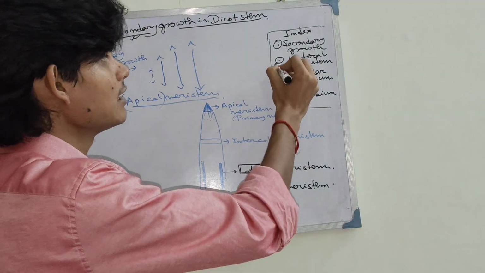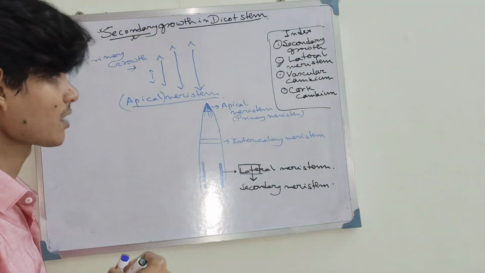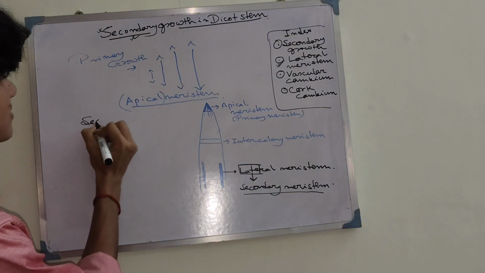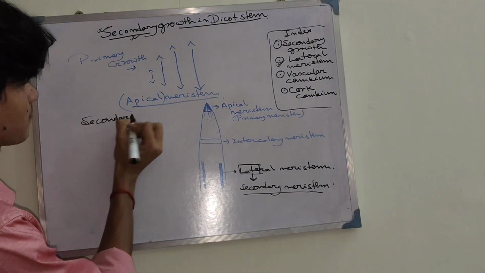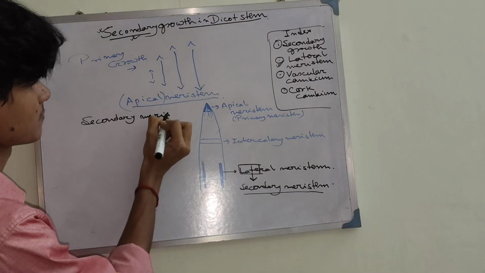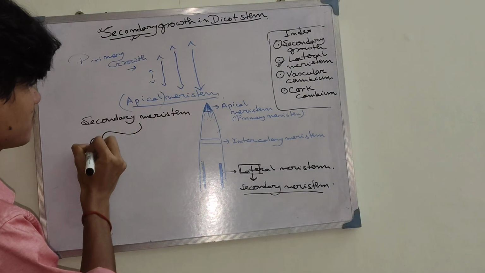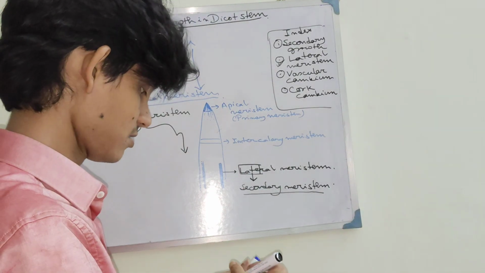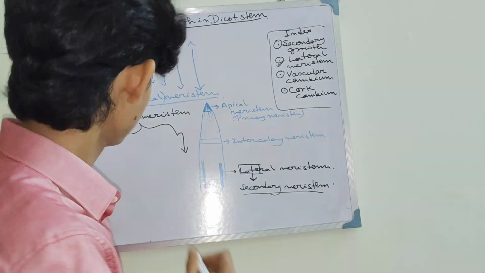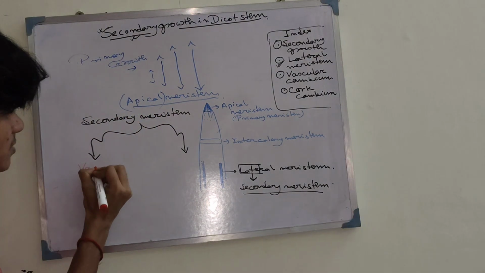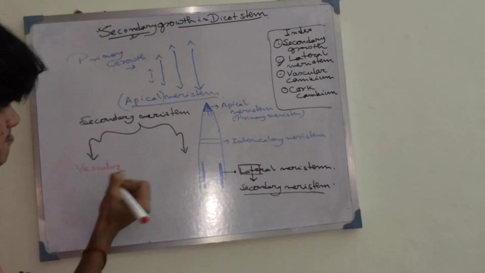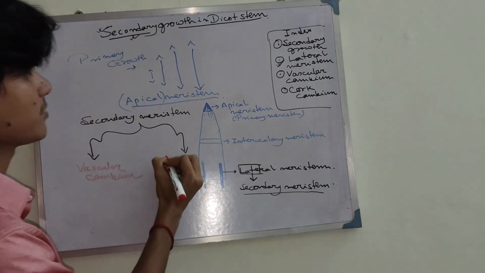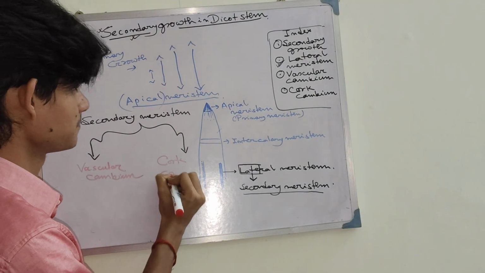So we know about the lateral meristem. The secondary meristem is of two types in stem. What are they? The first one is the vascular cambium, and the second one is the cork cambium.